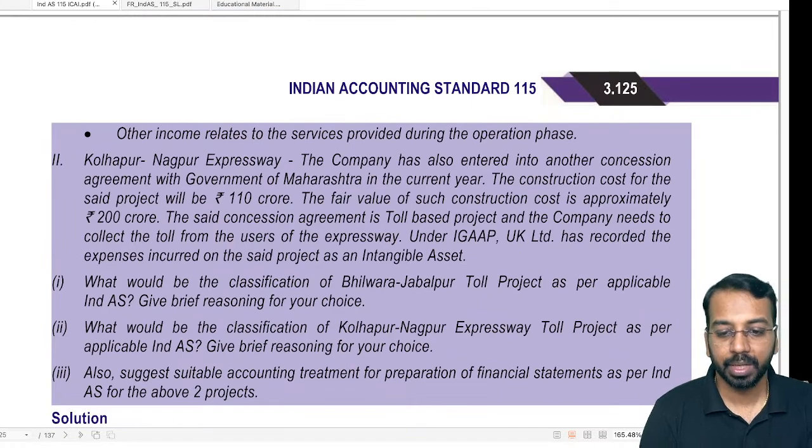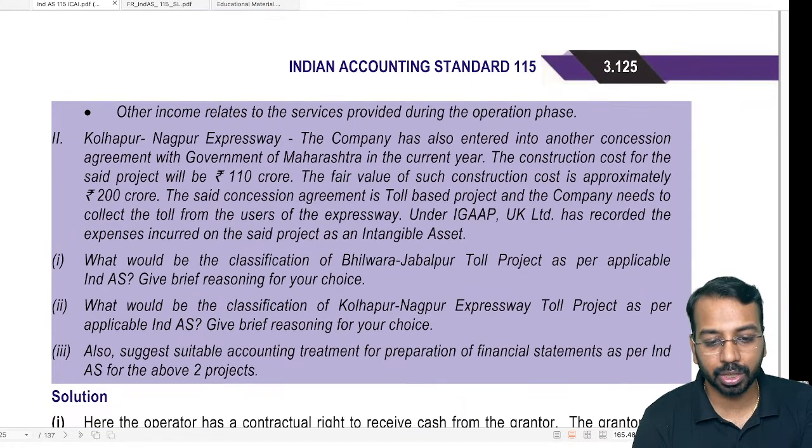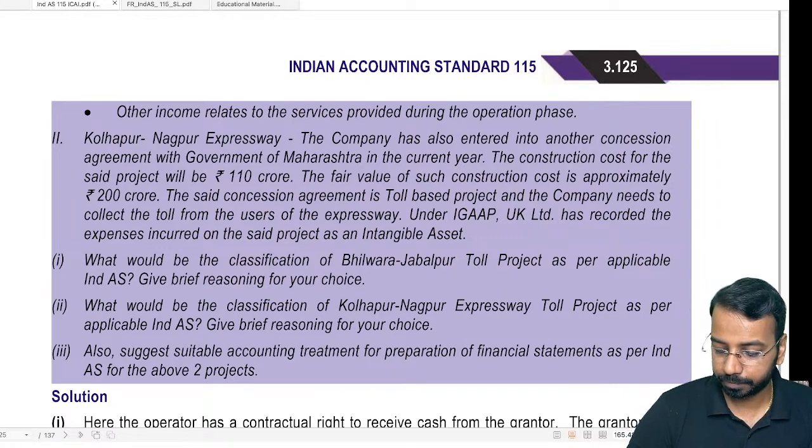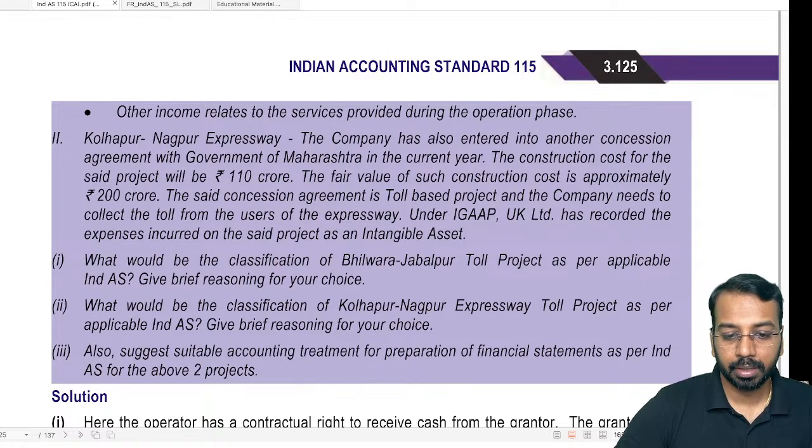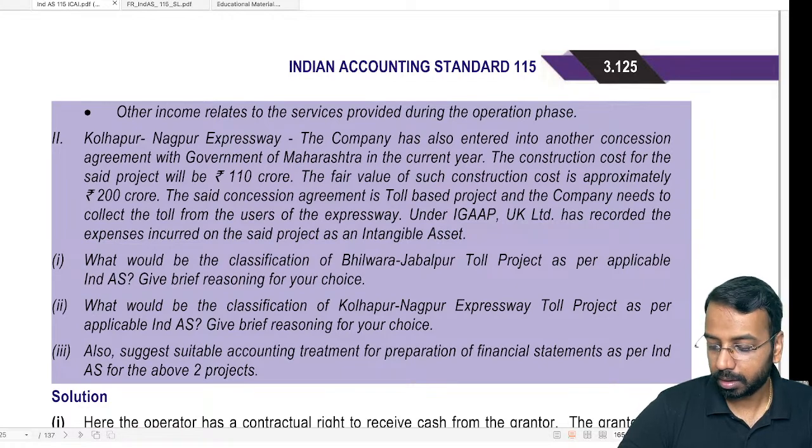Kolhapur-Nagpur Expressway. The company has also entered into another concession agreement with the Government of Maharashtra in the current year. The construction cost is 110 crore. The fair value of construction is expected to be 200 crores.